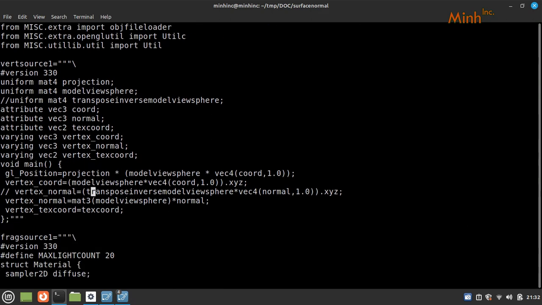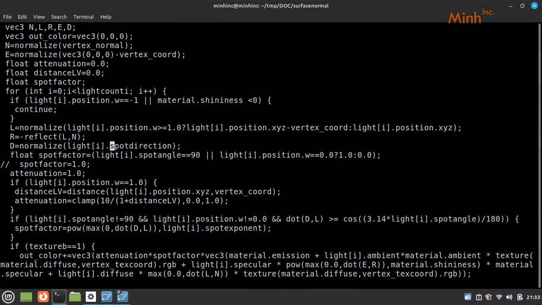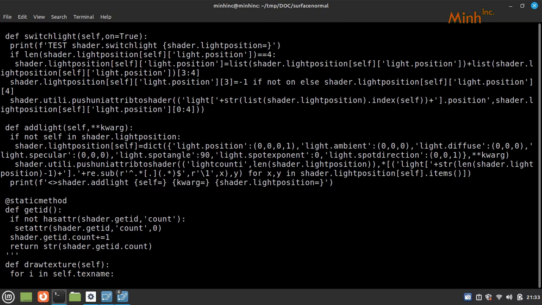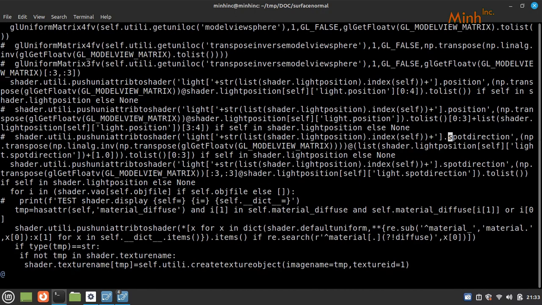You can see this: mat3. Whatever model view transformation we are receiving for the vertex, the same we are doing, we just take out the top 3. And for the spot direction in the Python code, we transpose anyway, because OpenGL stores it in a different way.